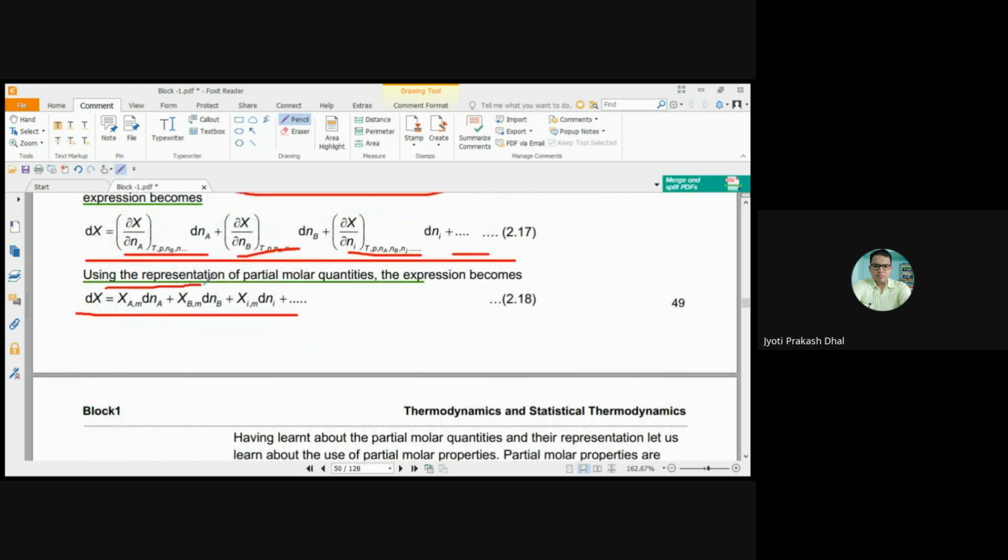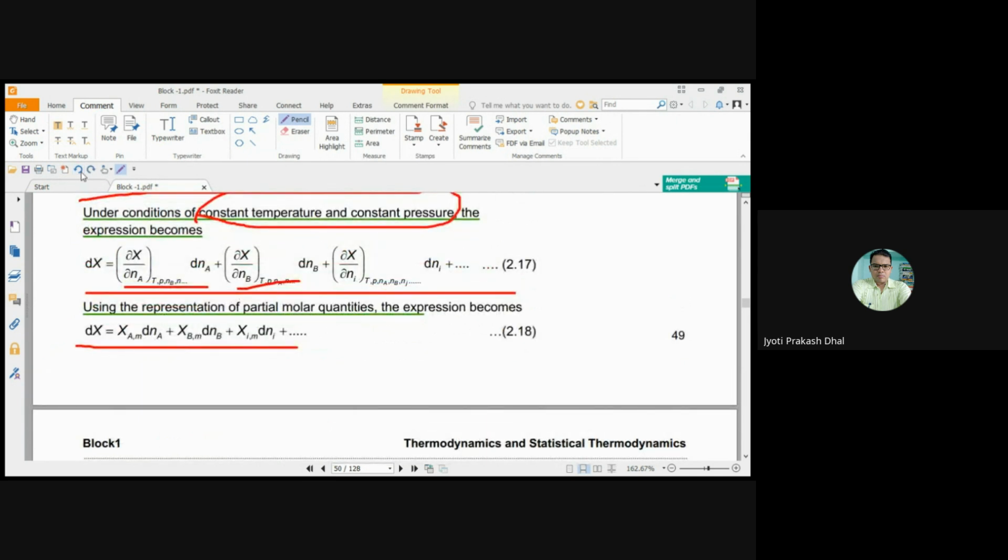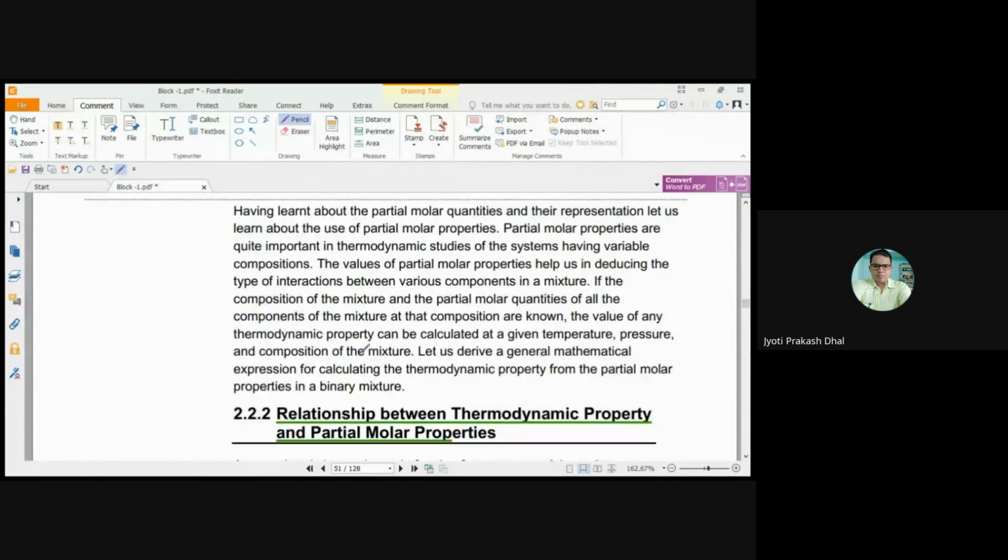So using the representation of partial molar quantities, because we know that this term is nothing but XAM, the partial molar quantity with respect to change in number of moles of A, this equation can be written as dX equals XAM dNA plus XBM dNB plus XIM dNI and so on.